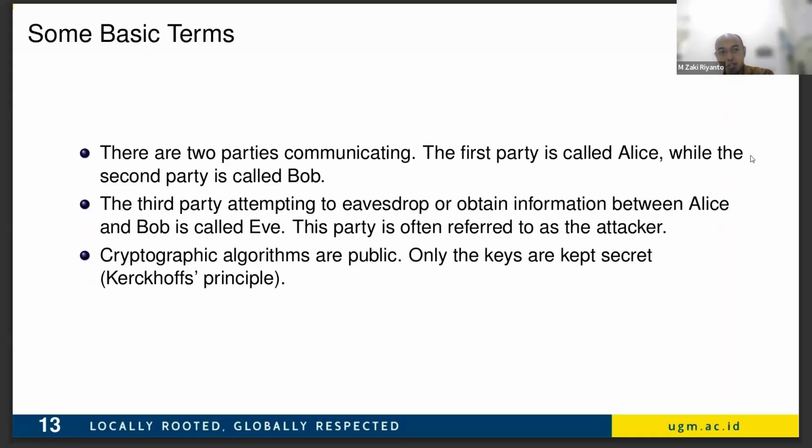Here we use some basic terms: Alice and Bob. The first party is Alice and the second party is Bob. We also introduce Eve. Eve is a third party here.